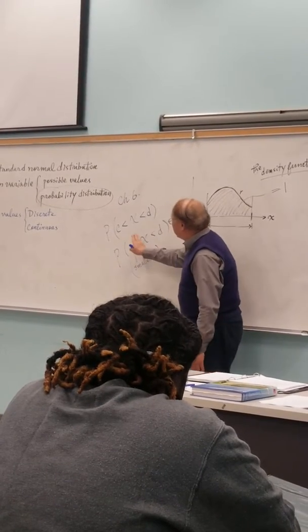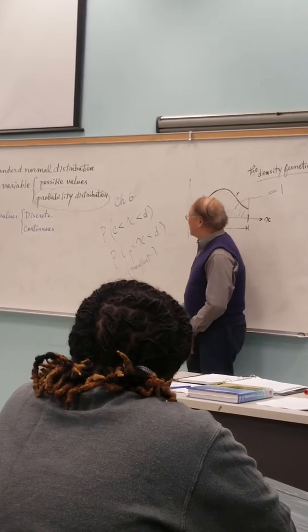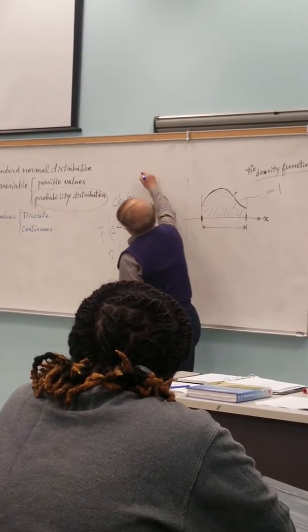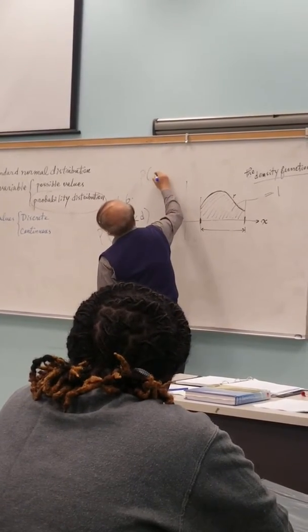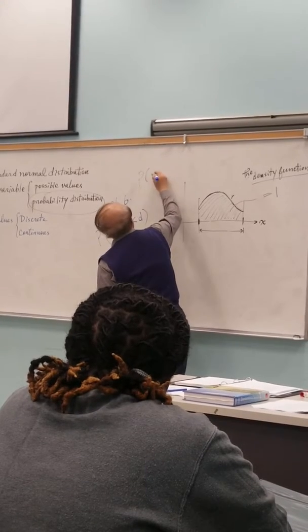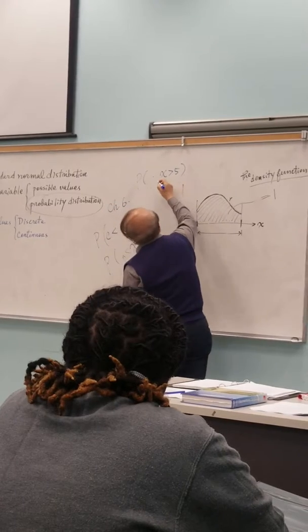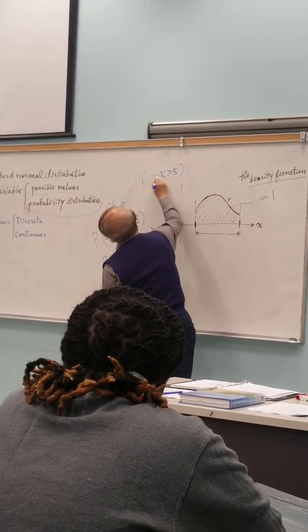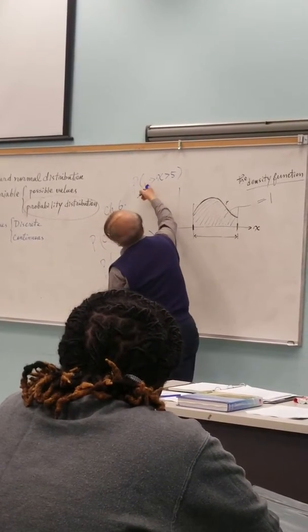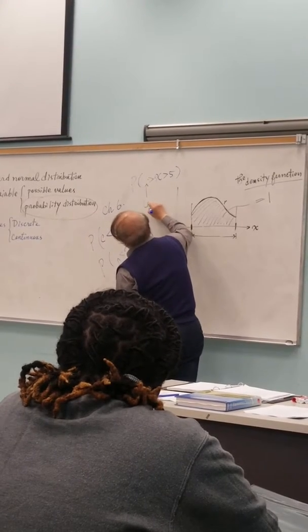On the other hand, if you see a problem like x is greater than 5, the other side is missing. Then people understand it as the largest possible value.